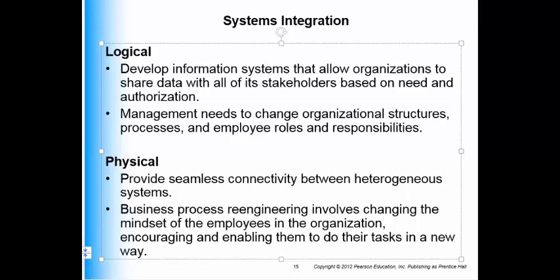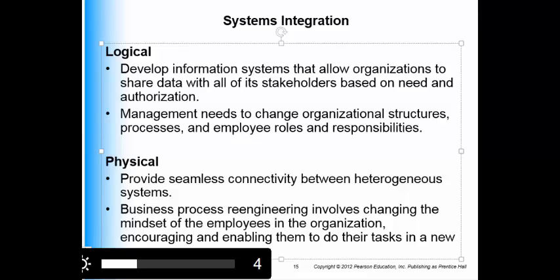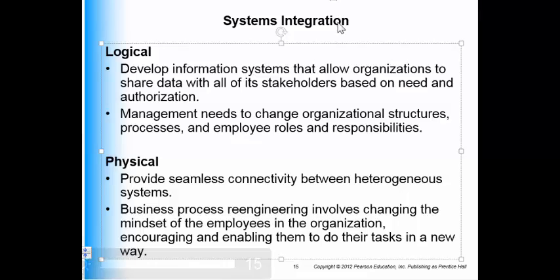From a physical perspective, you want these heterogeneous systems to be connected again through what we call the middleware. So we have a piece of software that will try and connect these heterogeneous systems. When we connect these systems together, we have two goals.